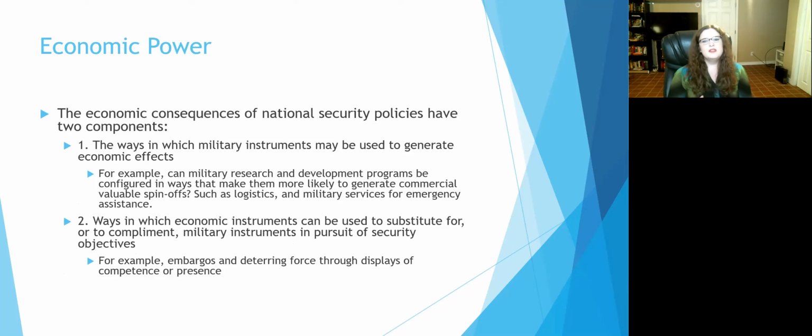The economic consequences of national security policies have two main components that they tend to talk about within this literature. The first is the way in which military instruments may be used to generate economic effects, right? For example, a lot of the research and development funded by the US military is used for a variety of different things. It's making different ways to cook meals. It's making different ways to develop medicine.